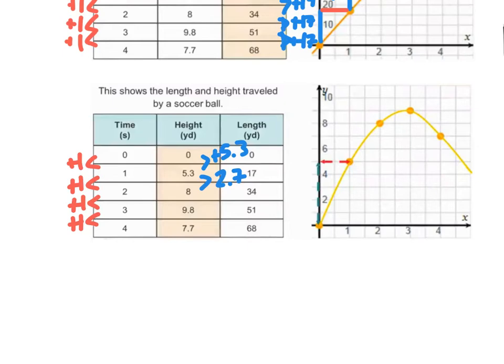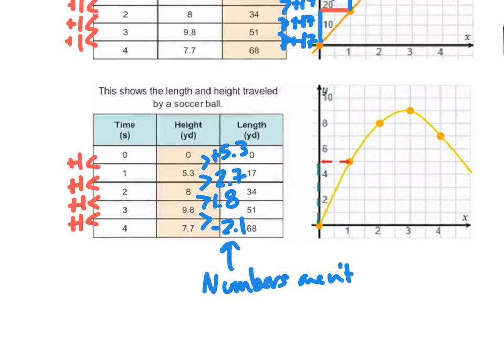Now from 8 to 9.8, that's increasing by 1.8. And then all of a sudden, we start to go down. From 9.8 to 7.7, that's minus 2.1. So these numbers aren't the same. Therefore, this is nonlinear.